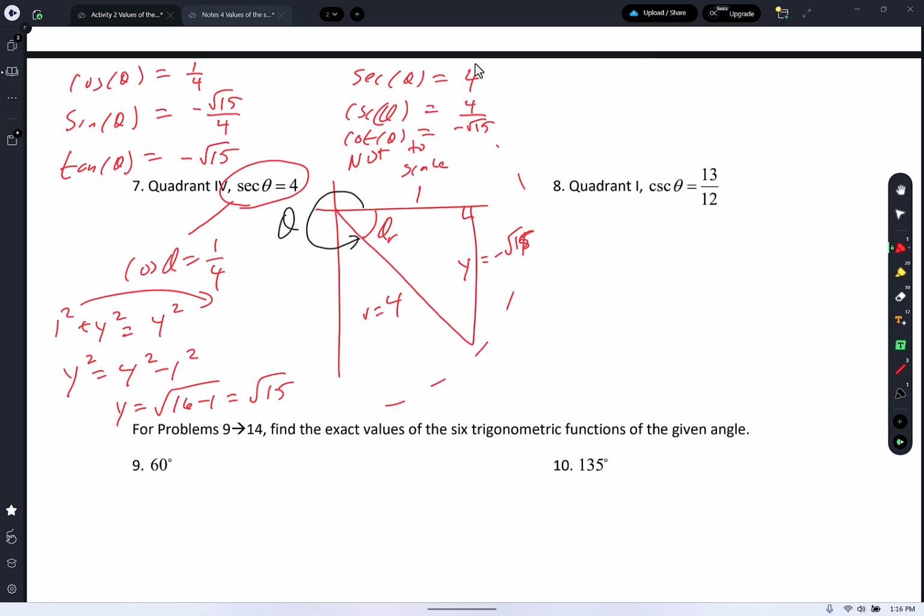And then finally cotangent. Let me remove the not to scale so I can write this here and not get confused. The cotangent is going to be 1 over negative square root of 15, or negative square root of 15 over 15.